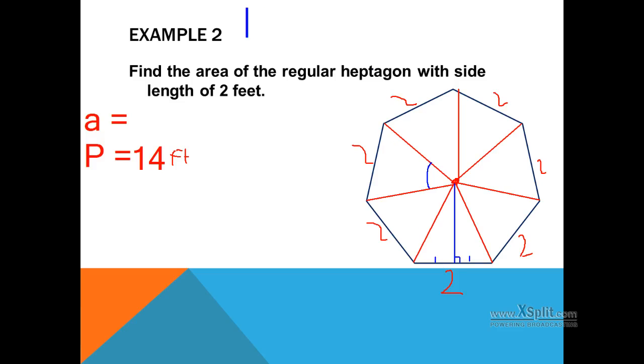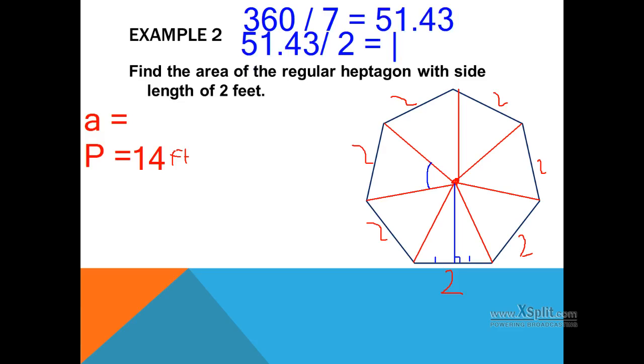I'm going to type that up here. 360 divided by 7 is going to yield a decimal, 51.43-ish or so. If you divide that number, 51.43, by 2, go and do that on your calculators with me, 25.71 or so. That means that this angle on the interior here is 25.71. And this is A, the apothem.